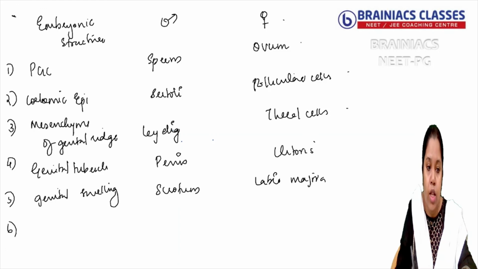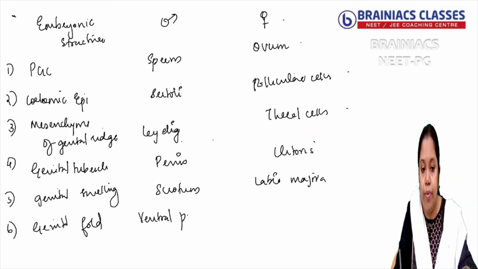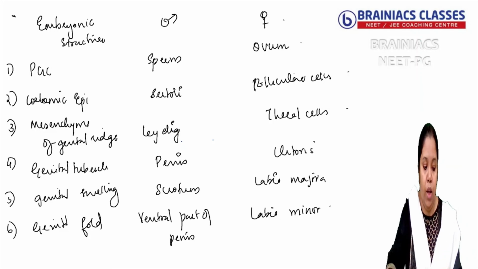Sixth one, genital fold. It forms the ventral part of penis in males and labia minora in females.